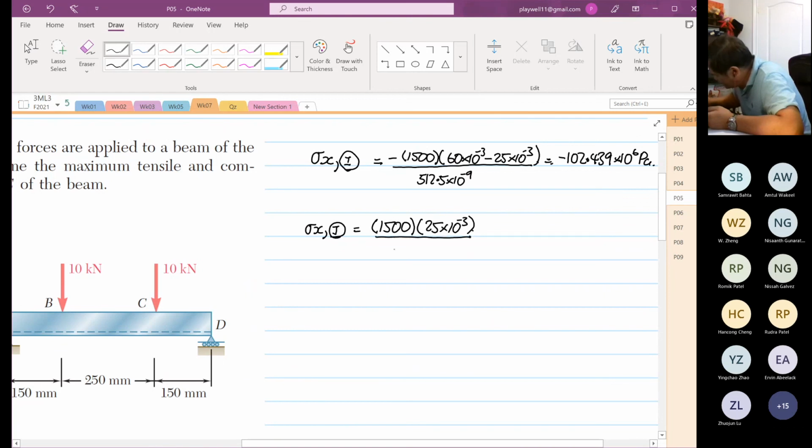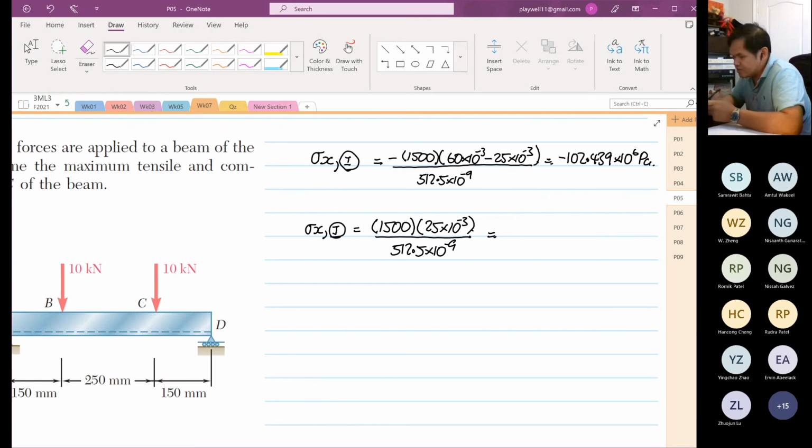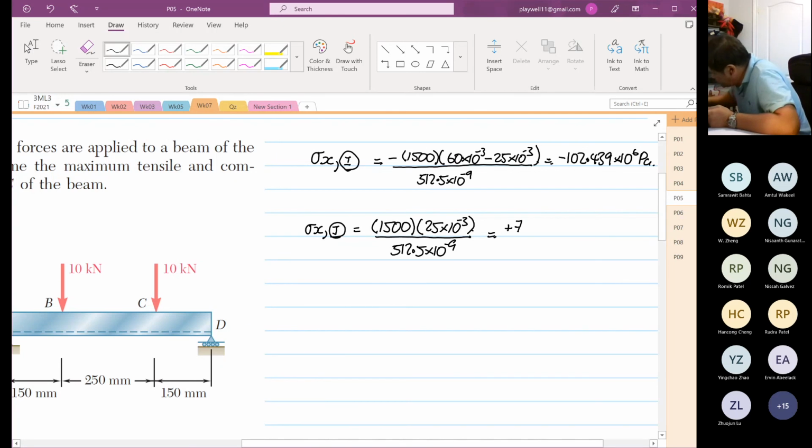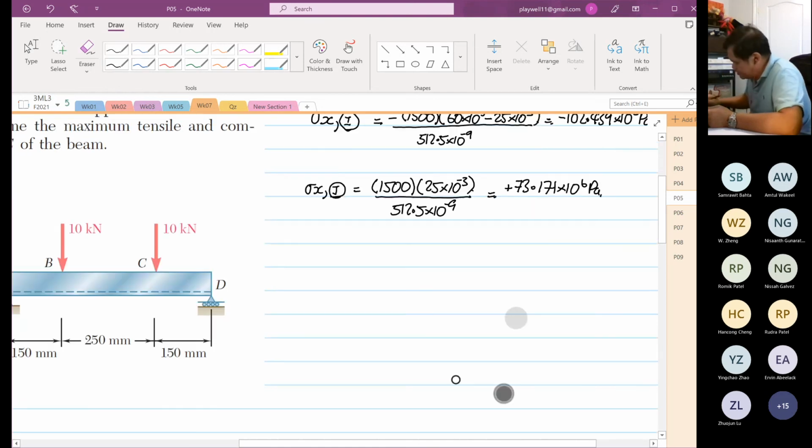Now divide by 512.5 times 10 to the power minus 9. So this becomes 1500 times 25 times 10 to the power minus 3 divided by 512.5 times 10 to the power minus 9. So it's equal to positive 73.171 times 10 to the power 6 Pascal. Okay, so this is done.